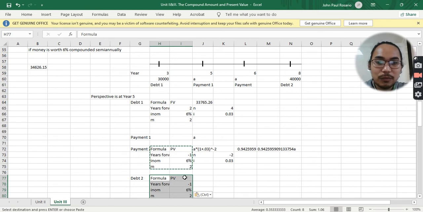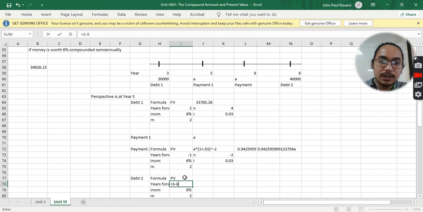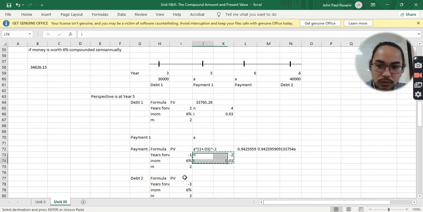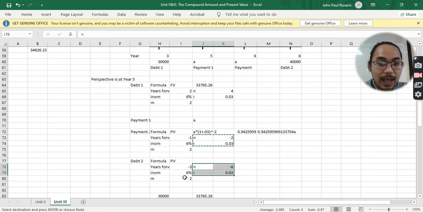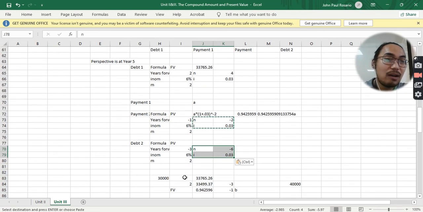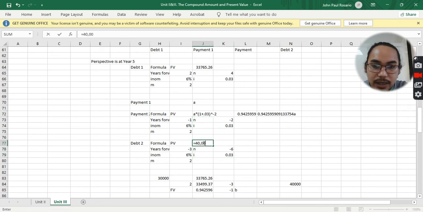The formula is present value, and how many years did we go back? 5 minus 8, that's 3 years. So that should give you an I of 0.03 and an N now of -6. So our present value of 40,000 would be 40,000 multiplied by 1 plus 0.03, raised to -6.